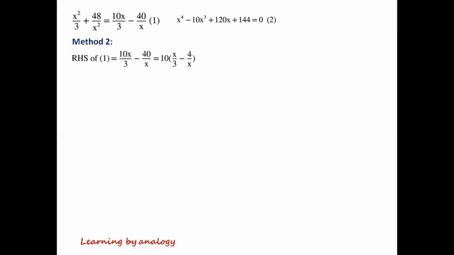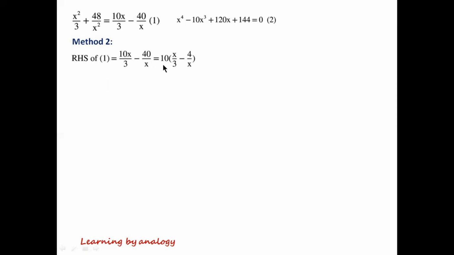The right-hand side of equation 1 equals 10x over 3 minus 40 over x. The two terms have a common factor, 10.